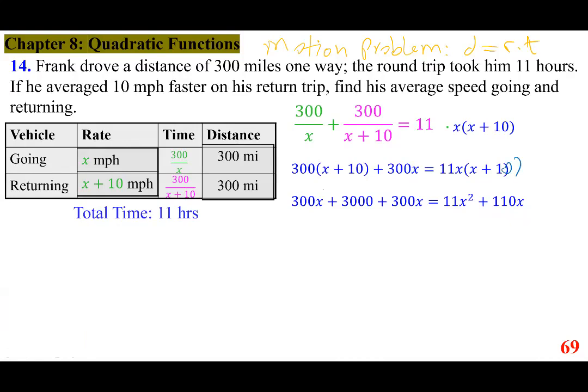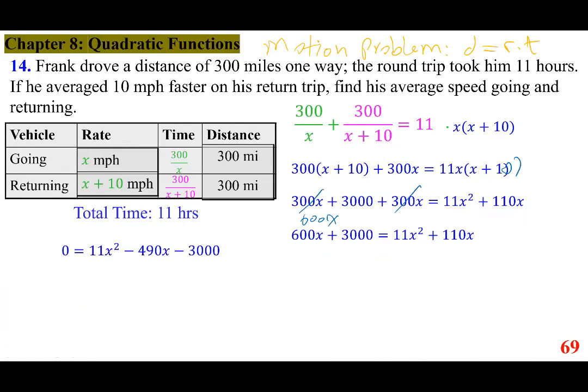We have 600x on this side, and we're going to move everything to the same side. And because 11x squared is on the right, we want it in descending order. We put everything on the right side.